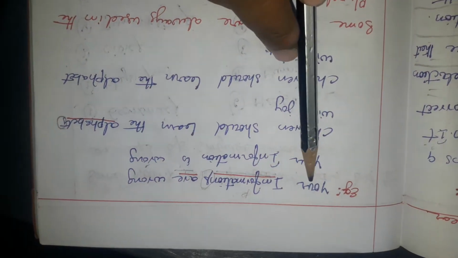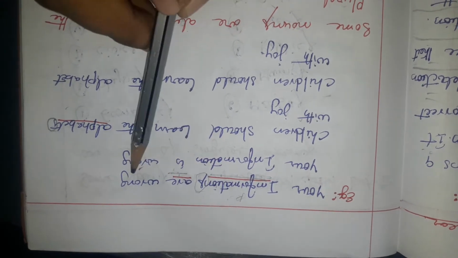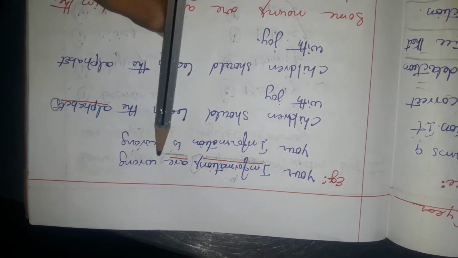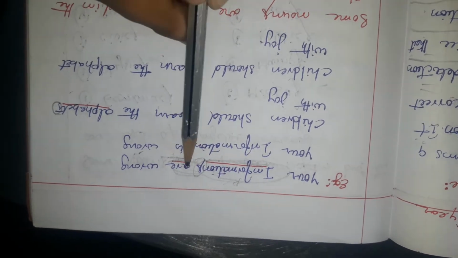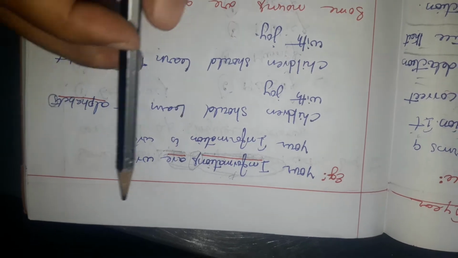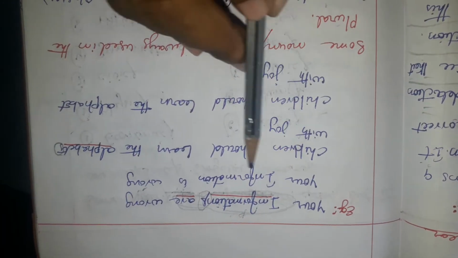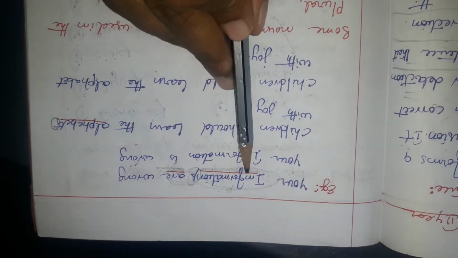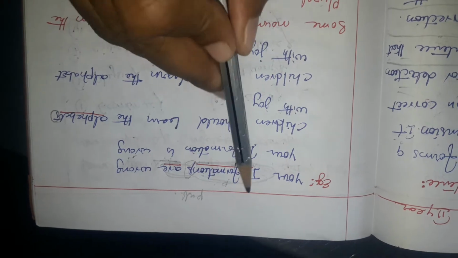Here is one small example. Your informations are wrong. This is the underlined part. It means we have to correct these two words: one is informations and the second one is are. As I told you, information is not plural.